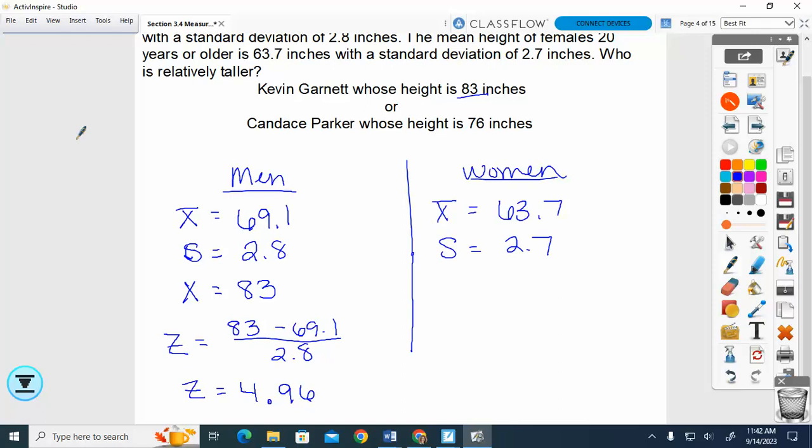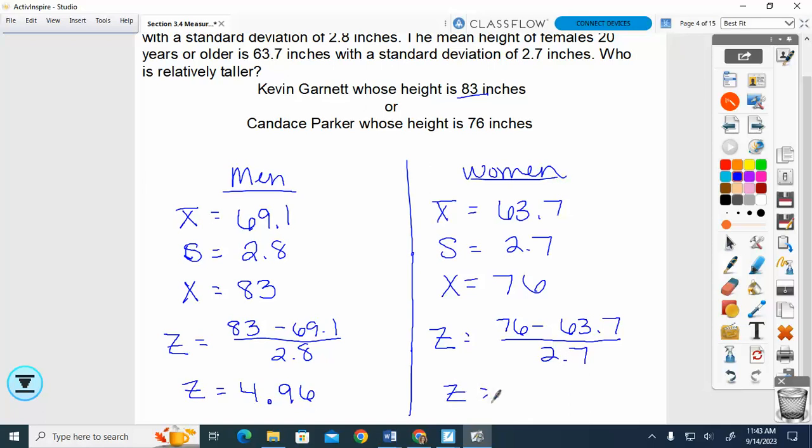Now let's look at her. So we need her value. She had a height of 76. So her z-score, her value minus the mean of her group divided by the standard deviation of her group.